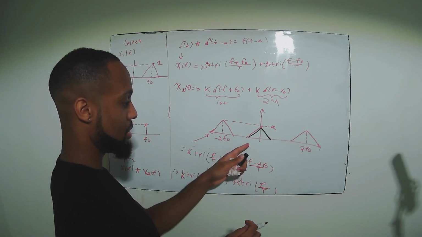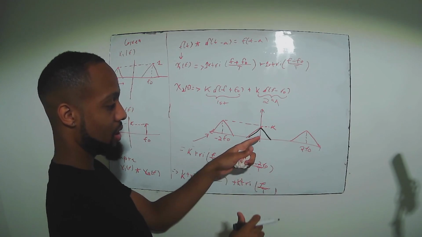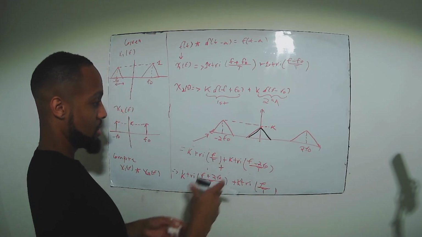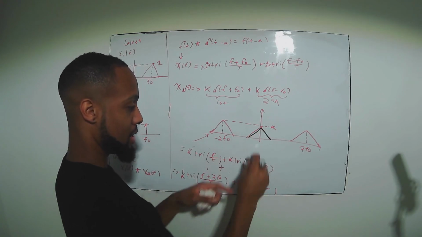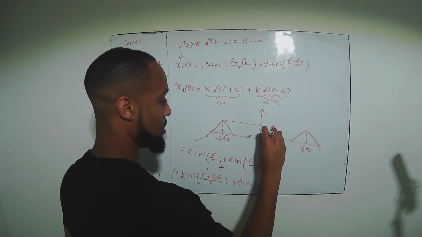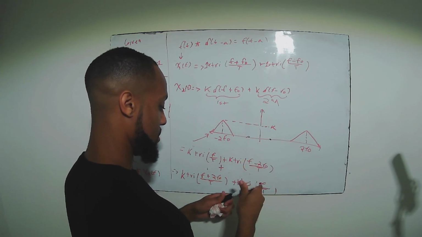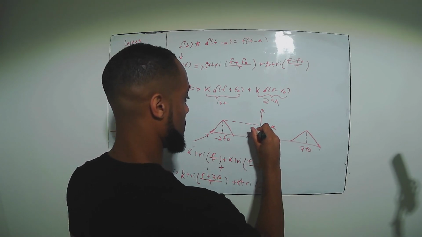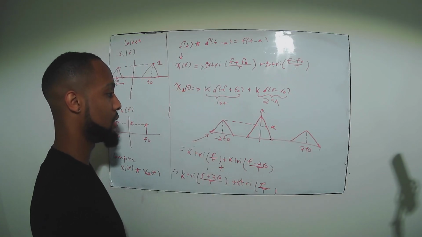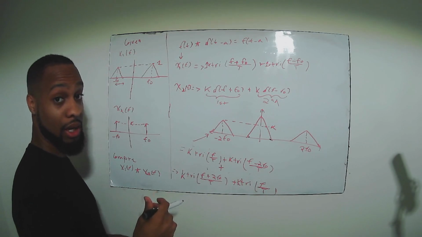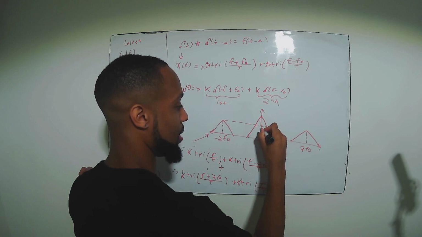So at the end this is going to end up being 2k. When you add these black and red ones together, since they're at the same place, this one's going to end up being 2k, because it's two triangles added to one another, and the highest amplitude of each is k.